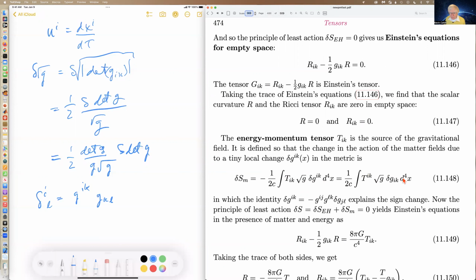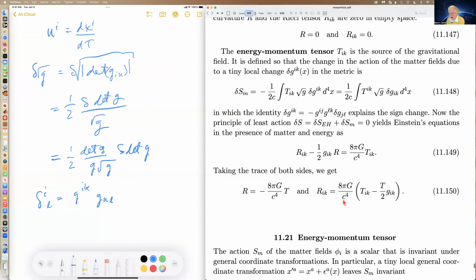And here, of course, I'm just using that the change in the inverse metric is related to the change in the lower metric in this way.